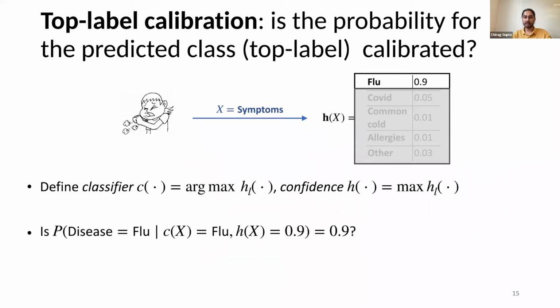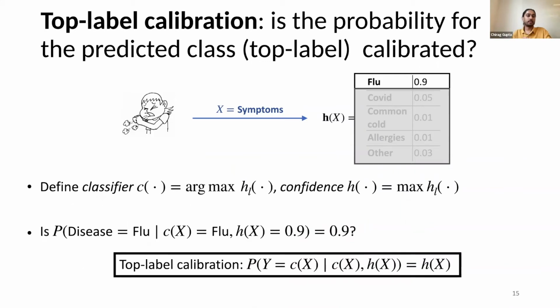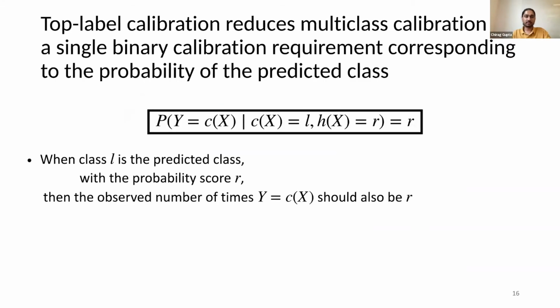And more broadly, the notion of top label calibration, in the language of conditional probabilities, asks this to be true almost surely for all possible values of C(x) and H(x). Okay, so let's look at that a little bit more. And the main idea is that now I've reduced multi-class calibration into this single binary calibration requirement just for the top label.